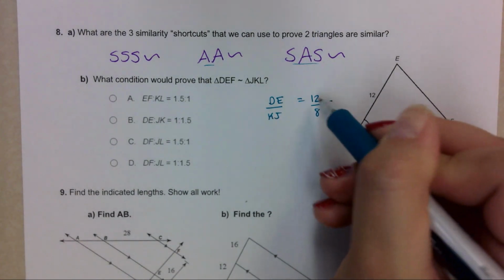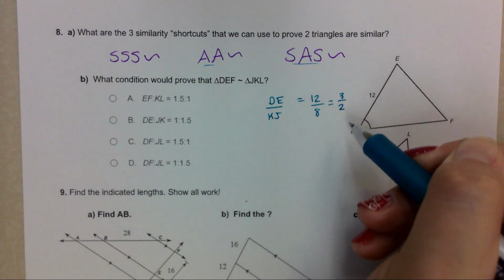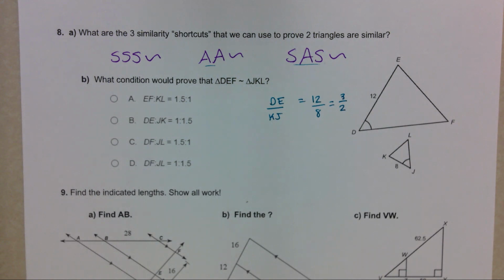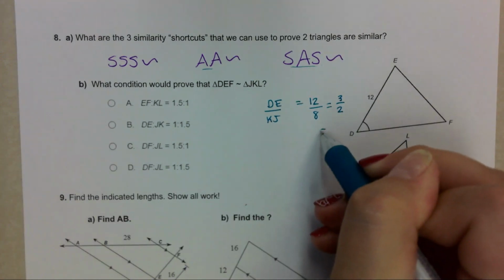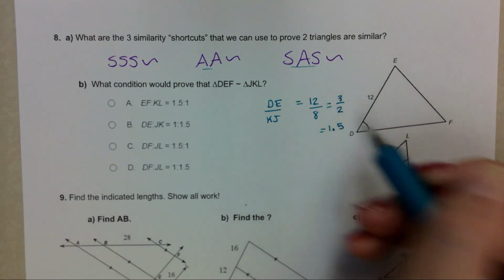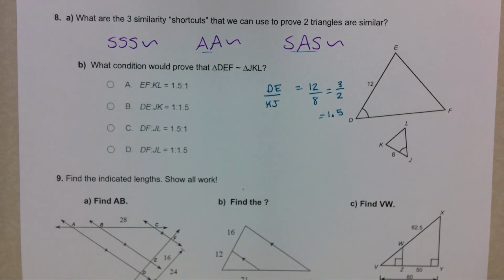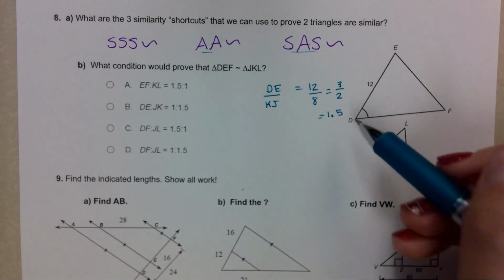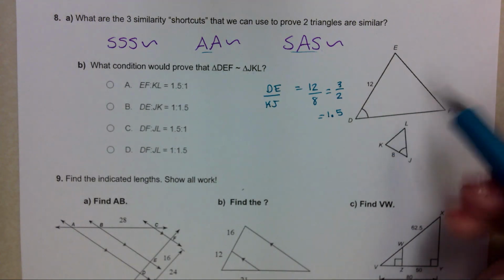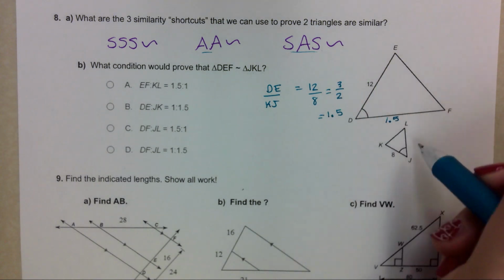If I divide these both by 4, I get 3 over 2. So that is equal to 1.5 if you divide 3 by 2. And so what I would want is I would want the side on the other side of the angle to be in a ratio of 1.5 to 1.